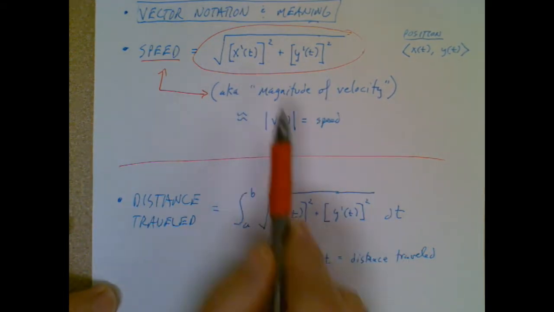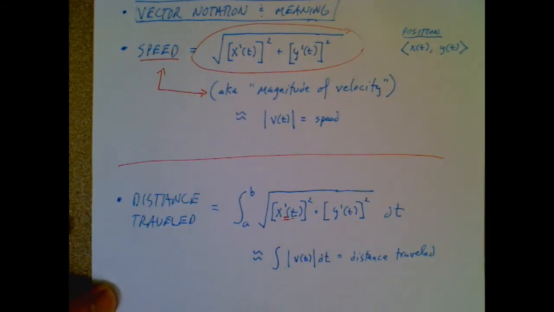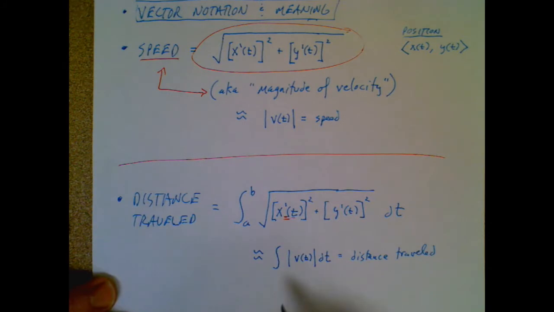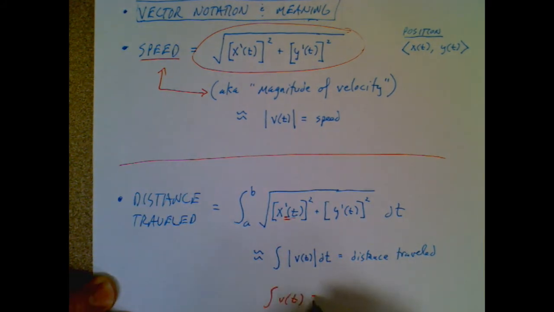And let's think about why this could make sense to memorize. Before you were in parametrics, you knew that the integral of the absolute value of velocity is the distance traveled. And by the way, just for a refresher, the integral of just plain old velocity is displacement. But that's not really what we're talking about right now.